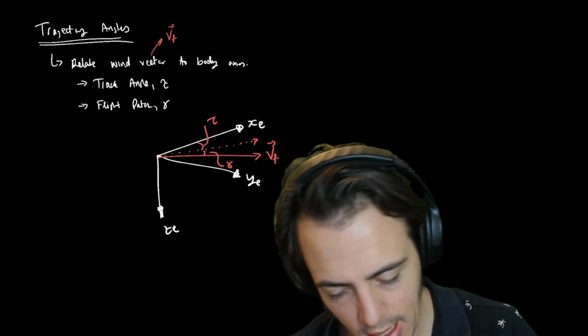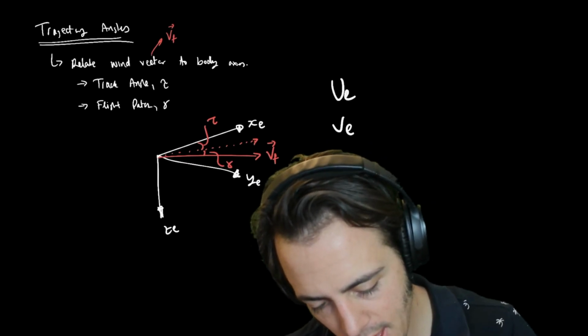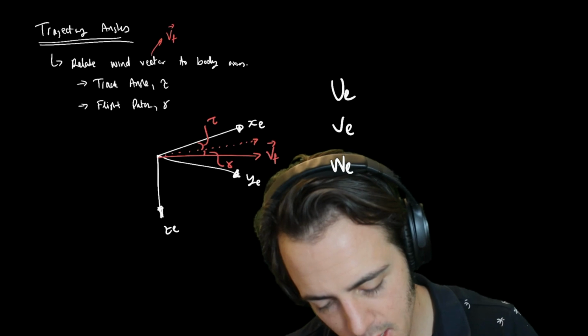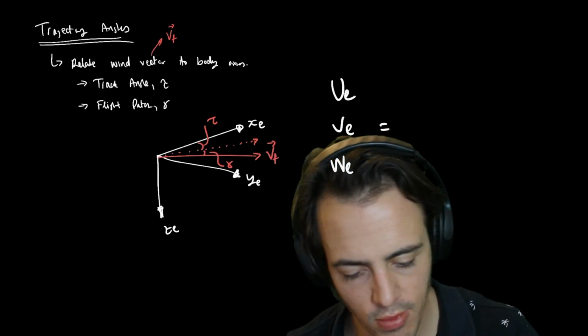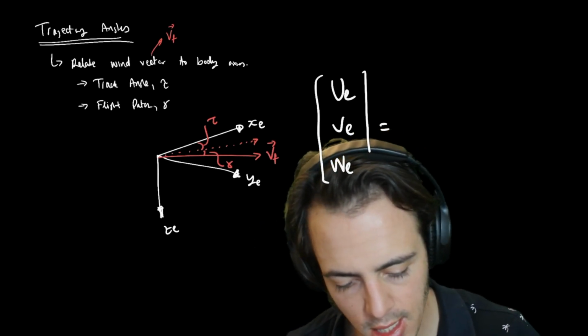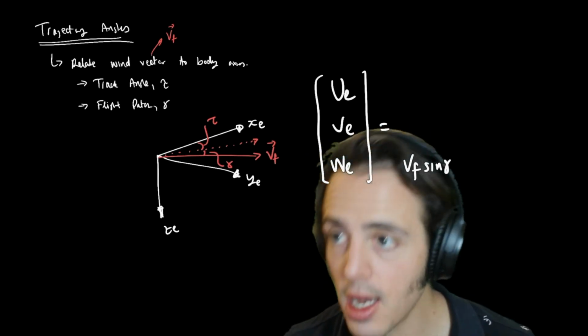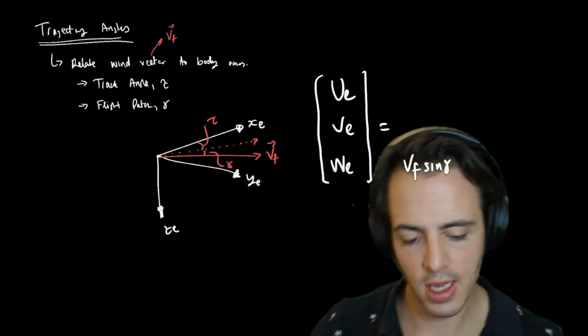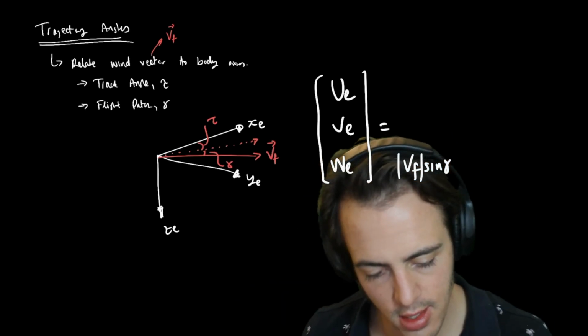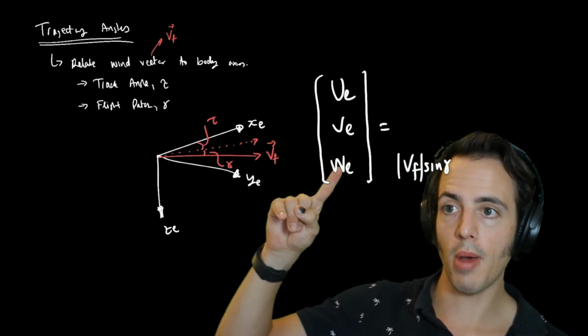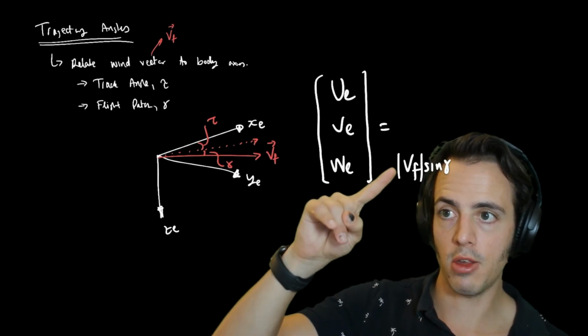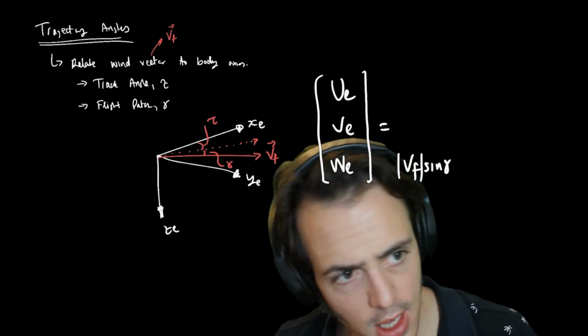So we can just quickly say that UE, VE, and WE. Because we go through this rotation first, we can easily define the VF sine theta. So let's say that's the vertical component is equal to the magnitude of the velocity vector multiplied by the sine of the flight path angle; I shouldn't have said track angle.